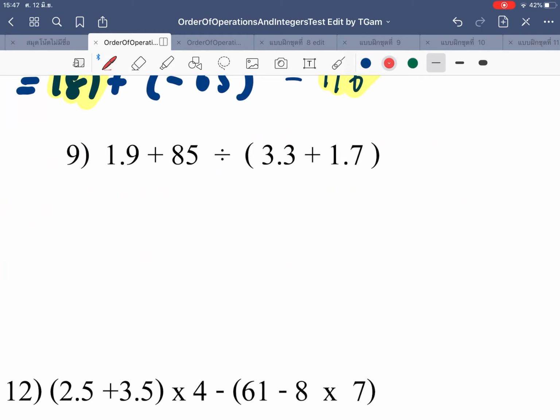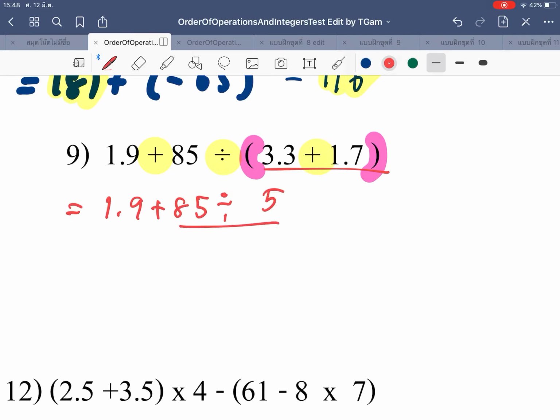Okay, number 9. We have addition, division, addition, and look at this, you have a bracket here. So what you have to do, you just take the bracket first, 3.3 add 1.7 is 5. Then you take 85 divided by 5, because you have addition and division, but we have to do division first.